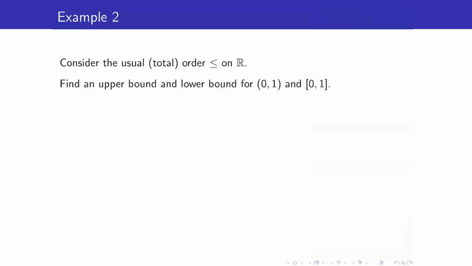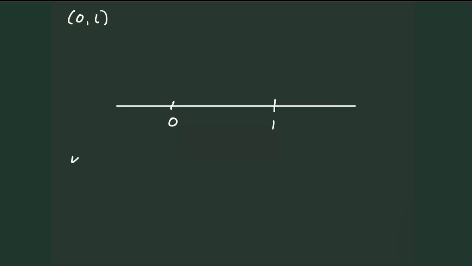What about the total order, the usual less than or equal to on the set of real numbers? This is not just a partial order, but actually a total order on R. Let's find upper bounds and lower bounds for these two intervals, the open interval (0, 1) and the closed interval [0, 1]. So, if we consider (0, 1), what would be your upper bound?